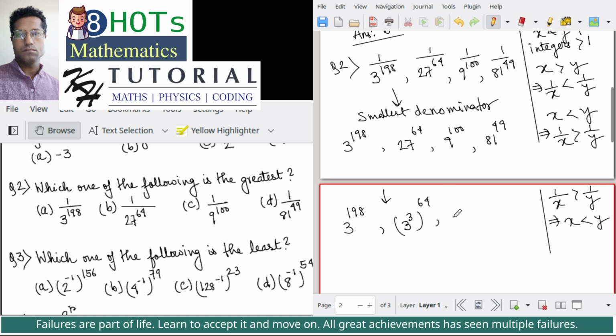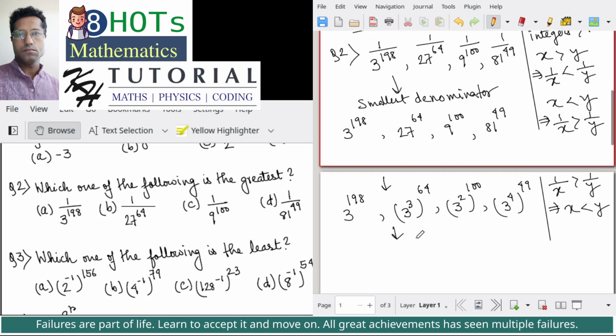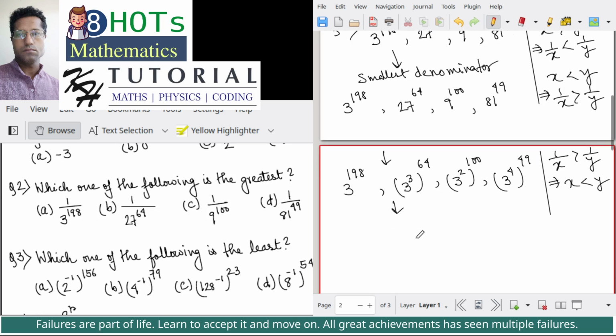9 can be expressed as 3 square, so this is 3 square whole to the power 100. And 81 can be expressed as 3 to the power 4, and we have that whole to the power 49. I will further simplify the exponential terms applying the laws of exponents, that is power of a power, so it becomes 3 to the power 198.